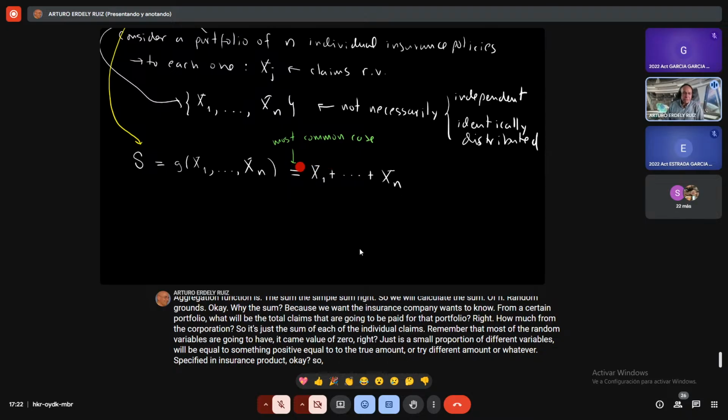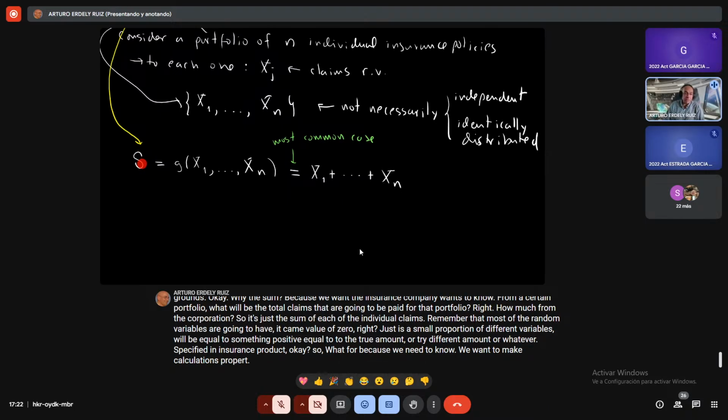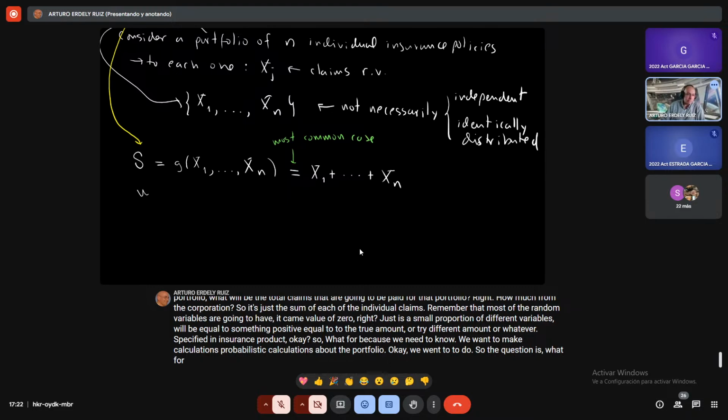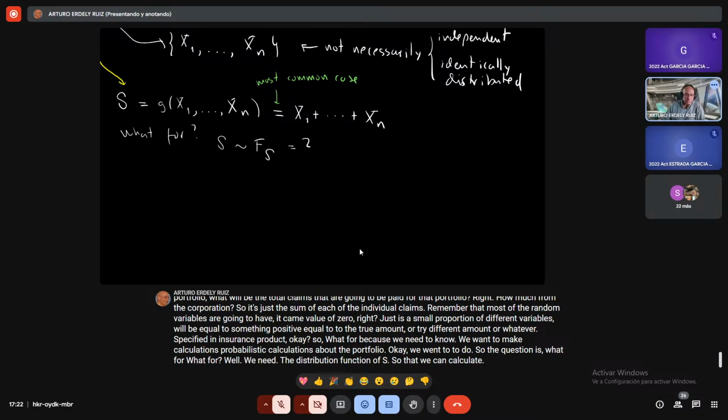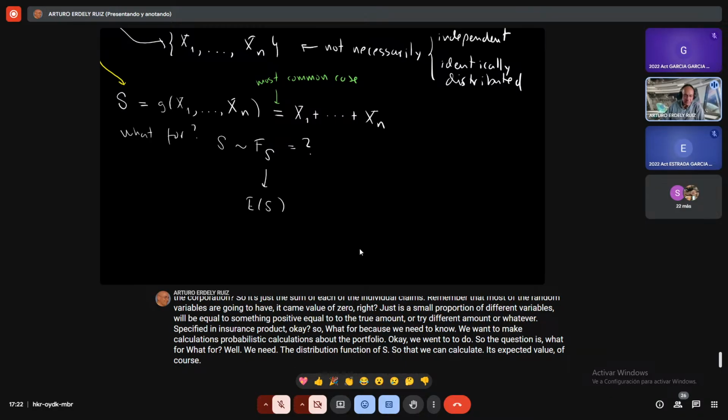So what for? Because we want to make probabilistic calculations about the portfolio, okay? So the question is, what for? Well, we need the distribution function of S so that we can calculate its expected value, of course, or the median, right?